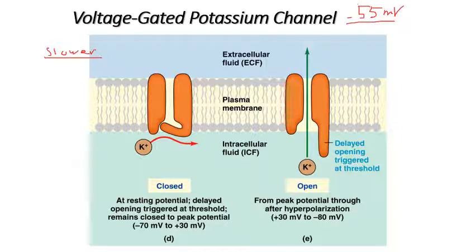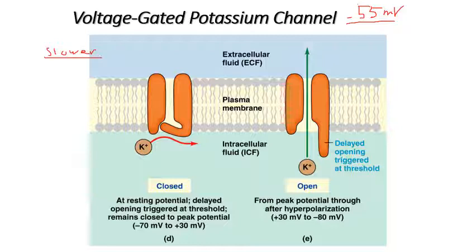Okay, so once we hit negative 55 millivolts, the first thing to happen is the sodium channel is open. All right, that activation gate pops open, sodium can rush in. And then right around the time that slow inactivation gate is coming into play, we're going to have the slower potassium channels on the membrane opening up. All right, and then the potassium can rush out.